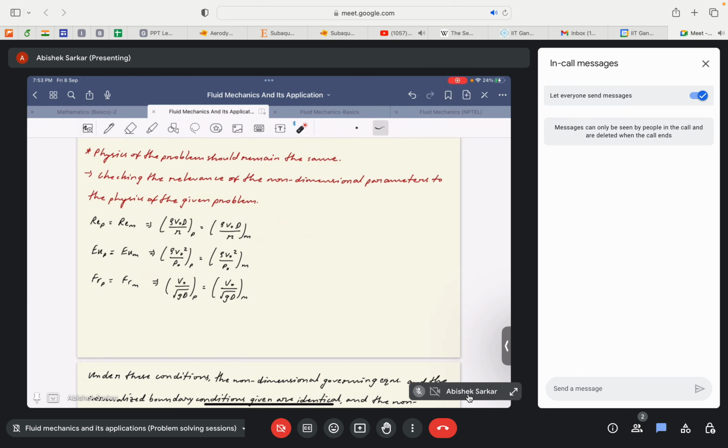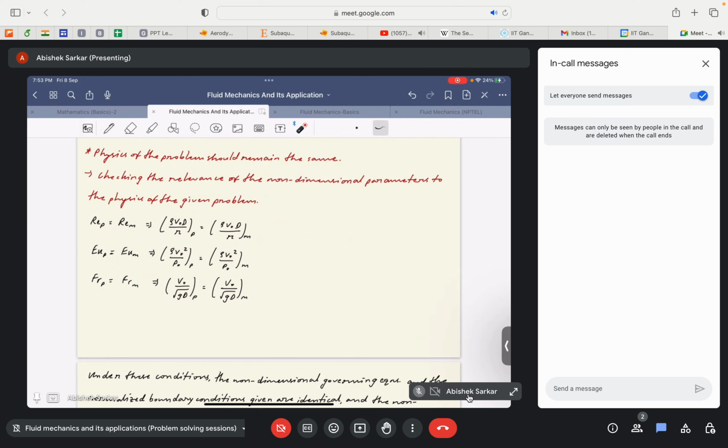That's basically what I'm implying here. The Reynolds number of the prototype and the Reynolds number of the model should match. Similarly, the Euler number and the Froude number of the prototype and the model should match. But this matching does not happen arbitrarily, as you will see.